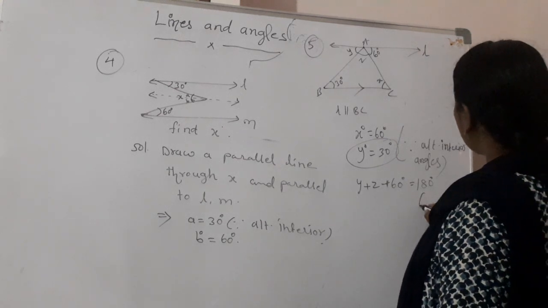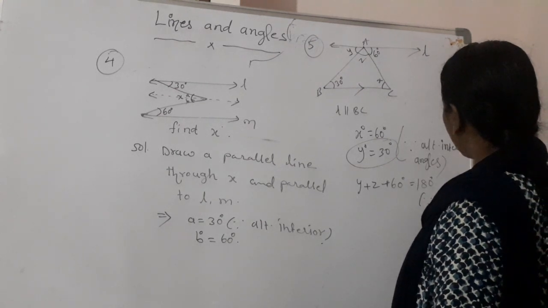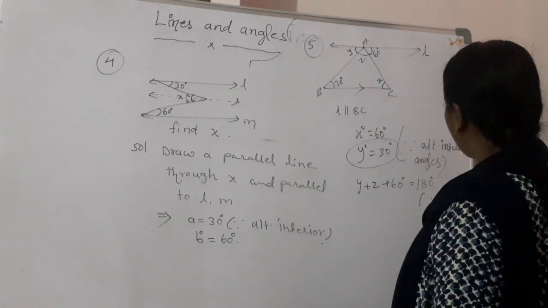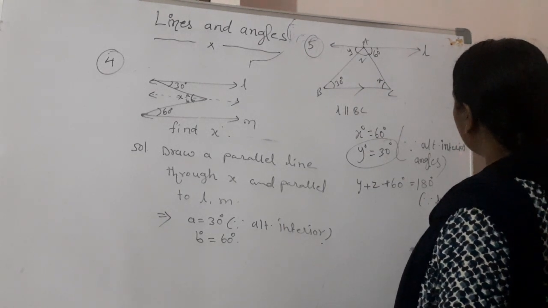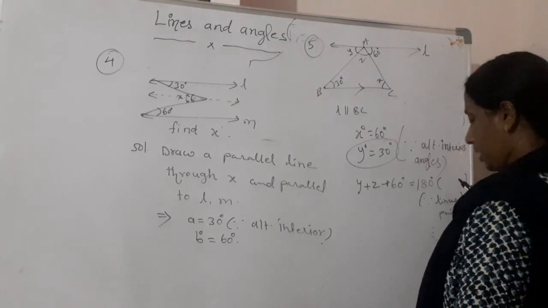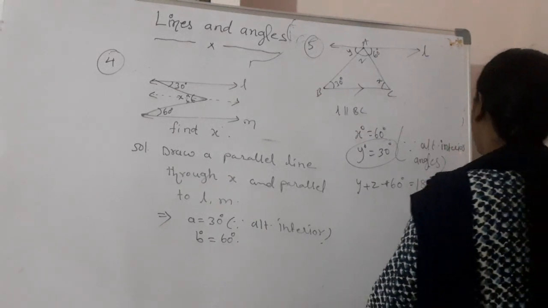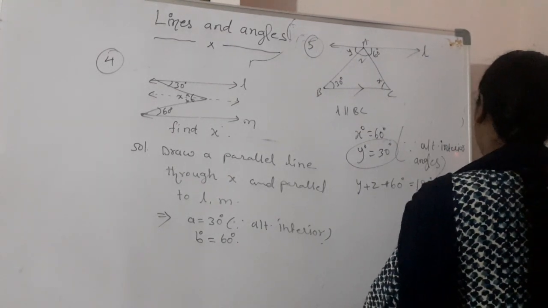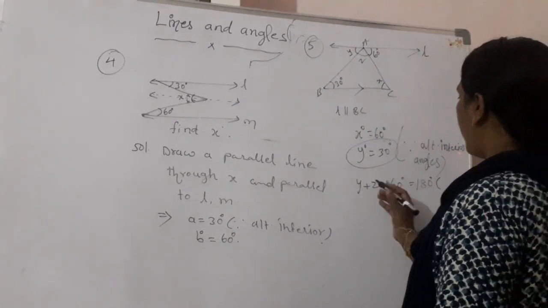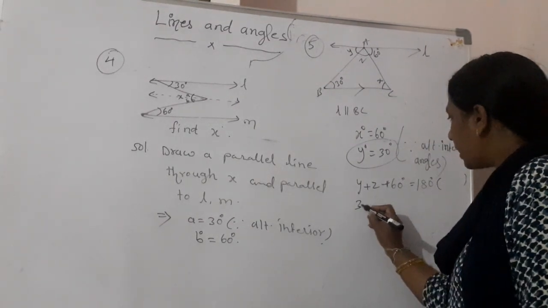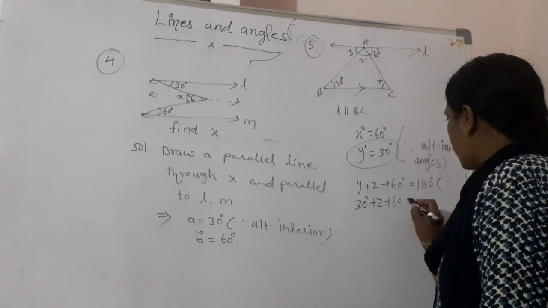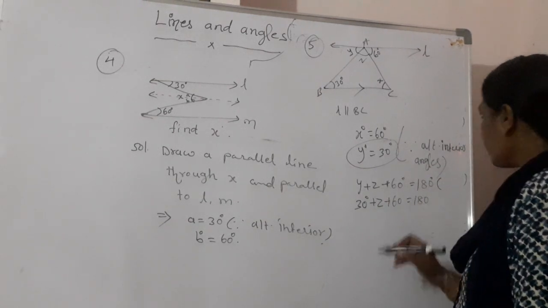Otherwise we can write linear pair also. Generally we will take linear pair only for 2. For more than 2 we can say the sum of all angles at a point on the straight line is 180 degrees. Okay. Now what is y value? 30 degrees plus z plus 60 degrees equal to 180.